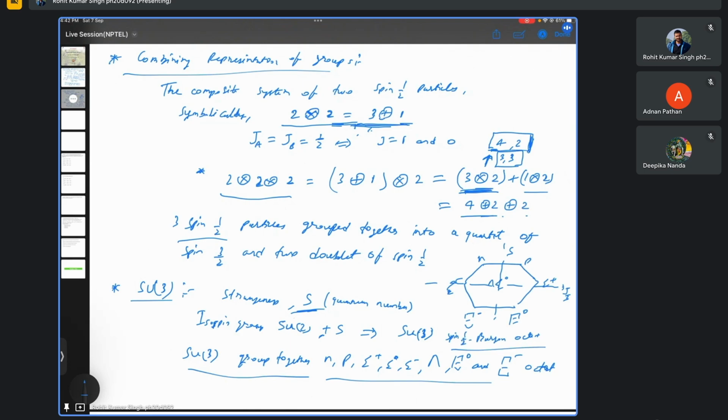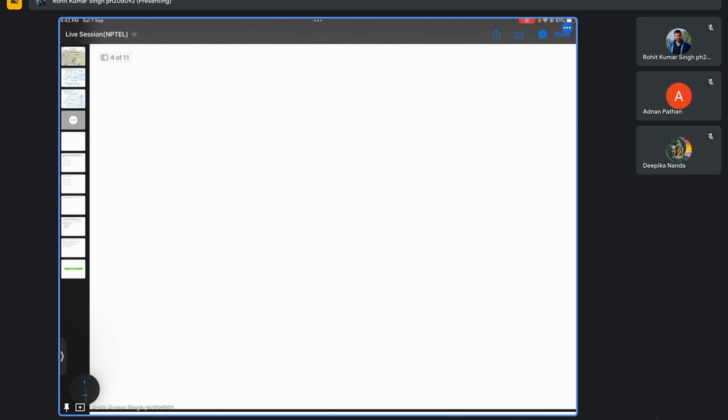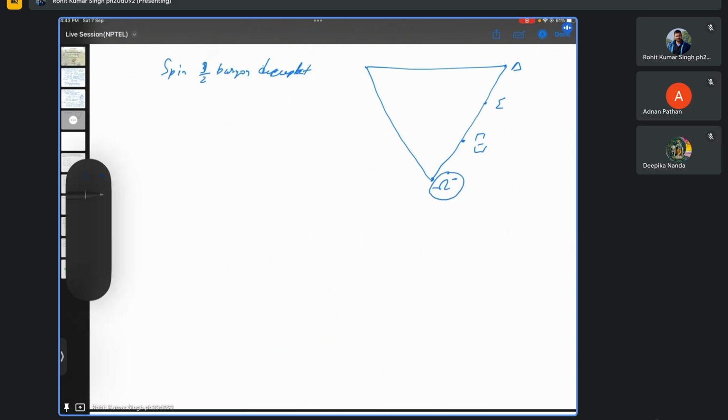And then we have something called the spin 3 by 2 baryon decuplet, which is an inverted pyramid. So here we have deltas, and then you have sigma, then you have cascade, and then here something interesting happened. People predicted this particle called omega, and then later it was discovered.